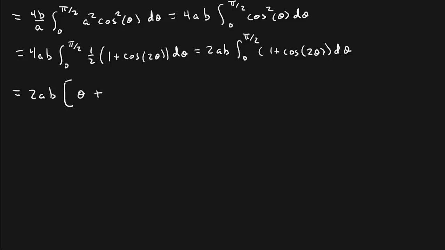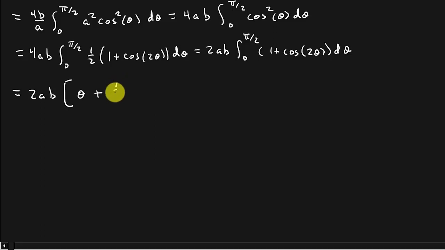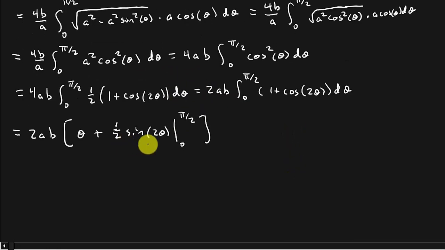What's the antiderivative of cosine? That's sine, but it's going to be 1/2 sine 2 theta, evaluated from 0 to pi over 2.